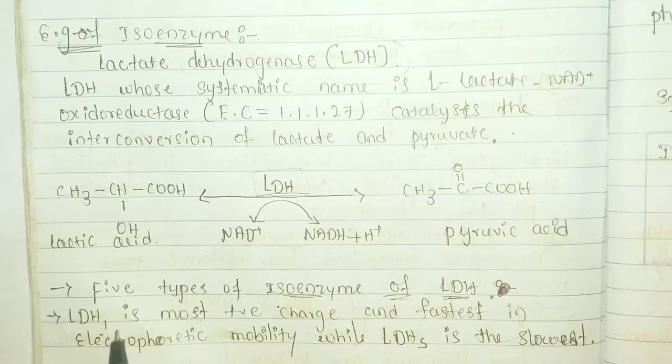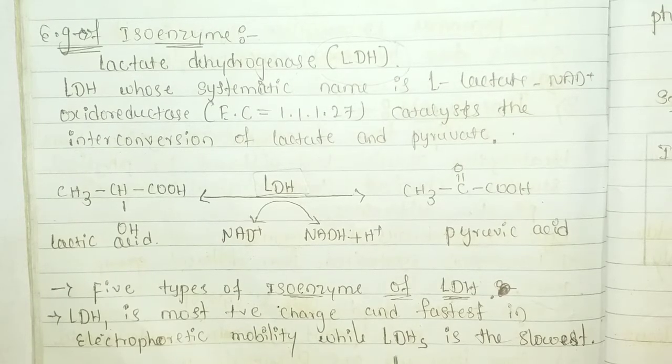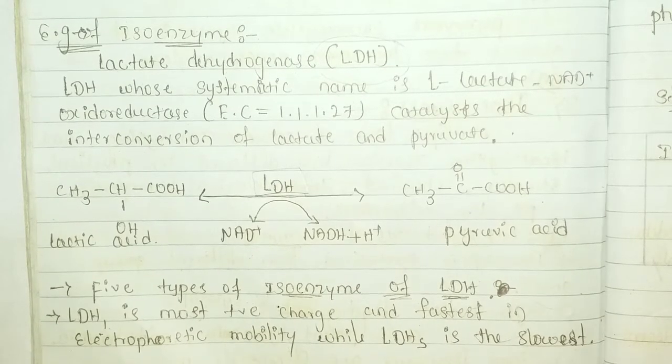LDH1 has the most positive charge and the fastest electrophoretic mobility, while LDH5 is slowest, and they can be separated by electrophoresis. With the help of this method we can isolate the tissues.